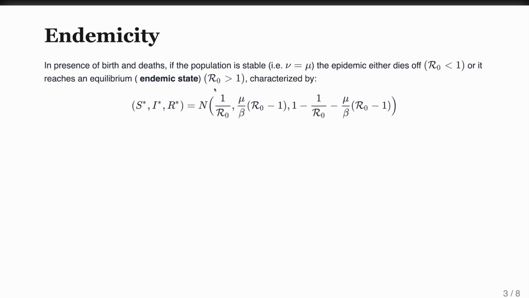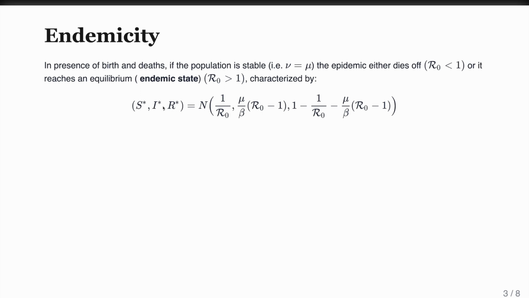Practically, this may create a situation called the endemic state, which mathematically is defined with this formula. In this case, we are assuming that natality rate and mortality rate are the same, just to simplify our calculations. In the endemic state, on average, we will have a proportion of susceptible individuals which is equal to 1 over R0.